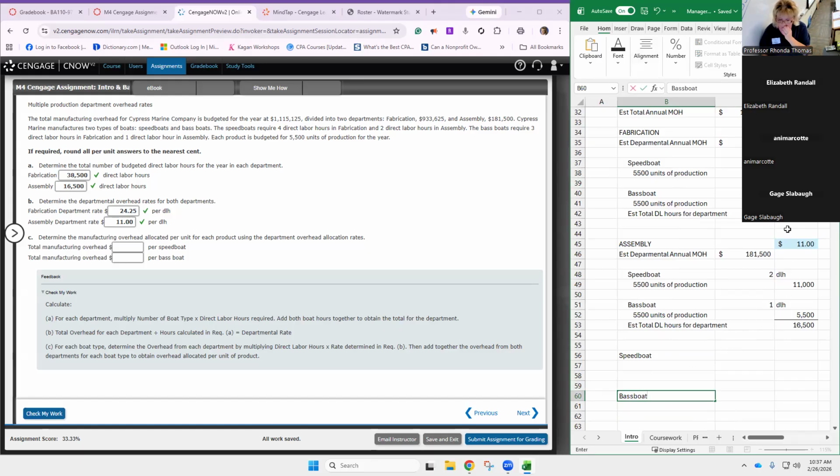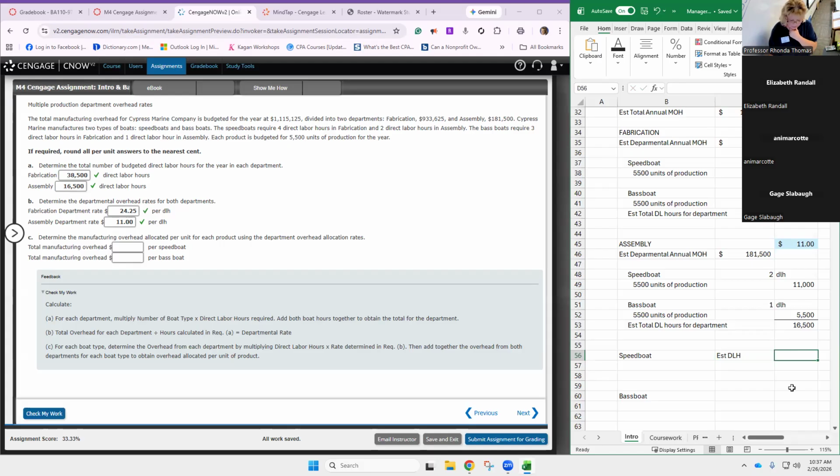Okay, the speedboat takes 4 hours and 2 hours of direct labor. Is that correct? So direct labor hours, and these are estimated. This is all estimated direct labor hours.